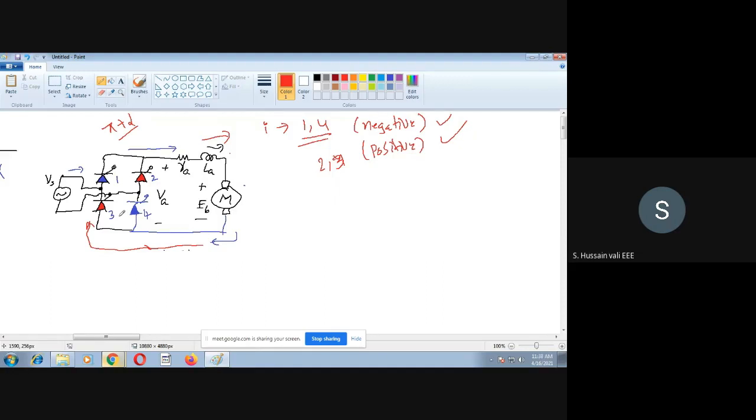So 1 and 4 are having negative voltage, whereas 2 and 3 are having positive voltage. So it's comfortable to conduct 2 and 3 compared with 1 and 4. Immediately, without doing anything else, the current will take this diversion through 2 and 3, leaving 1 and 4 with zero current.